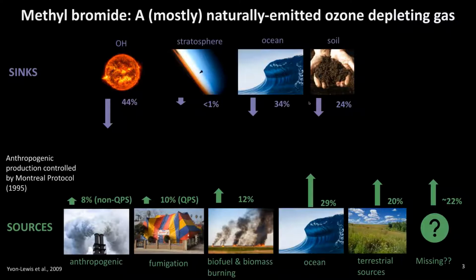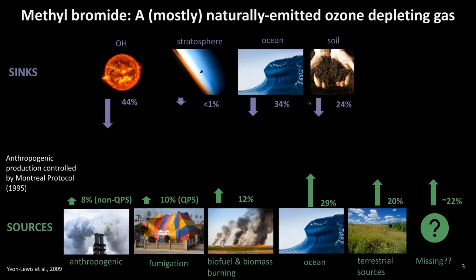You see there are sources from anthropogenics and fumigation, and these terms are controlled by the Montreal Protocol, and we expect that some of these terms have declined since this 2009 budget. There's also a significant component from biofuel and biomass burning. The oceans also act as a source, terrestrial sources as well. And then there's this missing source, which Sherry Von Lewis needed in order to balance her budget.